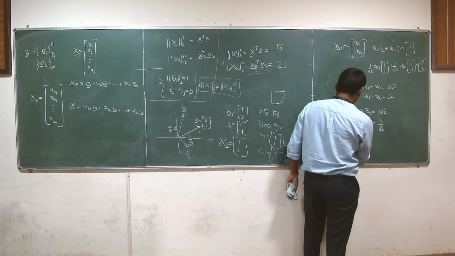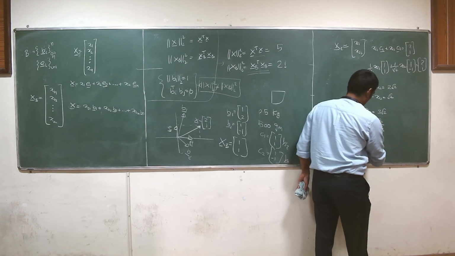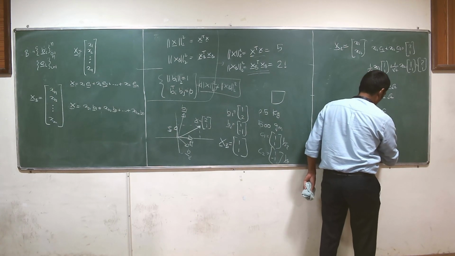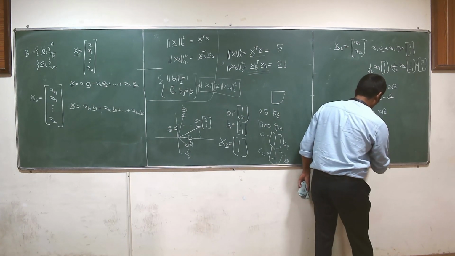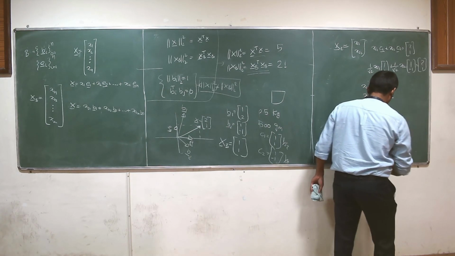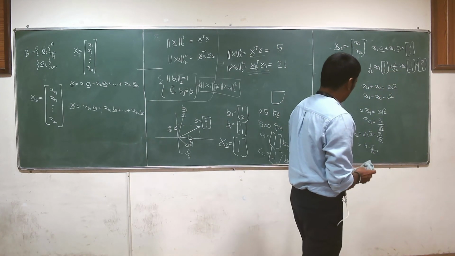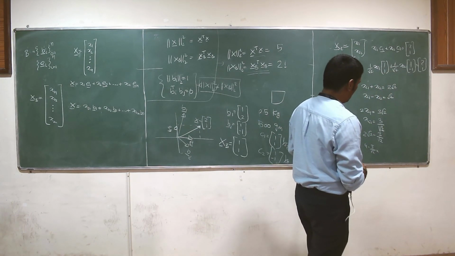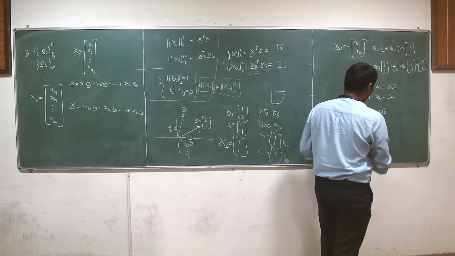Now that means xc2 will be 1 by root 2. Correct? Yeah, that's correct.